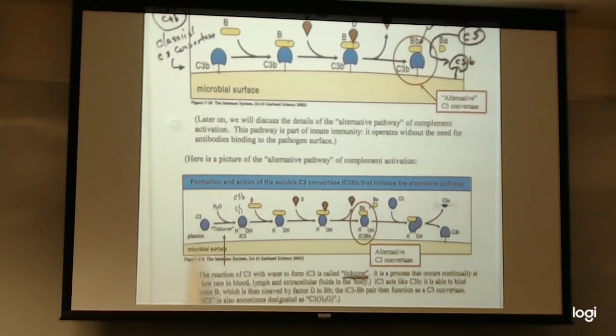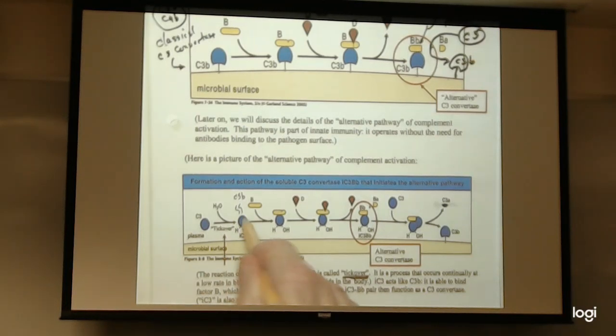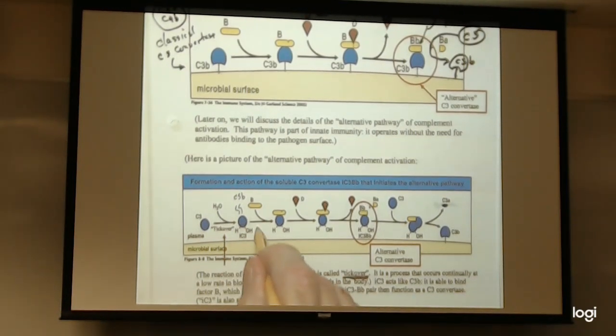I said that sometimes water can leak into the interior and react with that thioester. When it does, we hydrolyze the thioester. It's not cleaved, but because we hydrolyzed the thioester, it has certain properties now that make it able to bind factor B as if it had been cleaved and had become covalently attached to something.